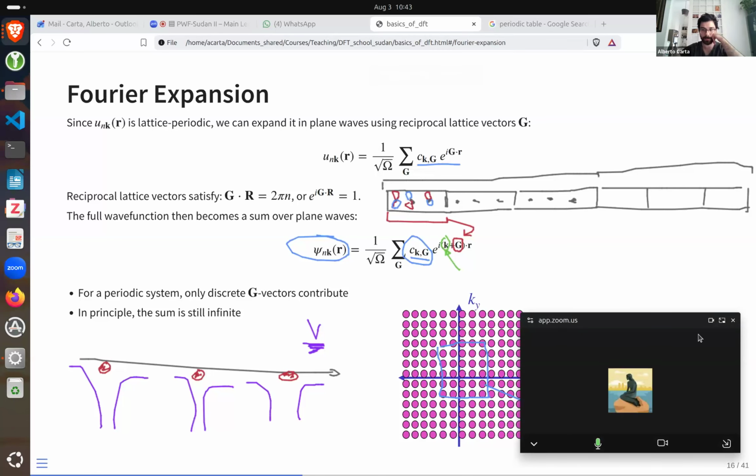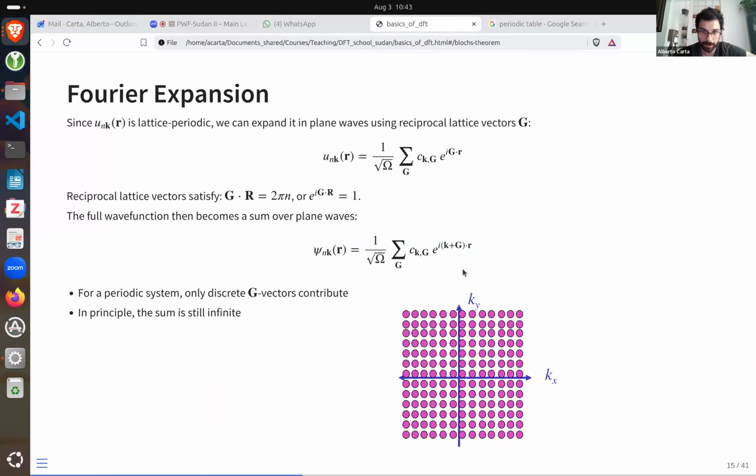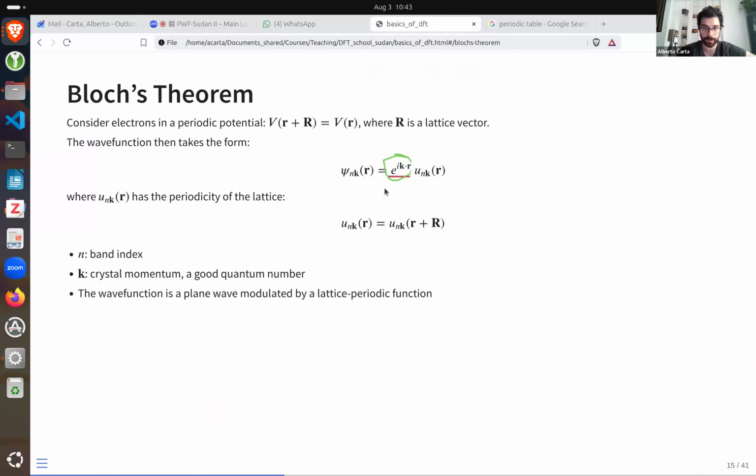This took me quite a while to understand. The idea is that you start from the free electron, and then you have a periodic function that changes this free electron, the plane wave. A plane wave means you have a point in space, and then it goes up or down, and then it repeats itself. This going up and down is only for very simple waves.